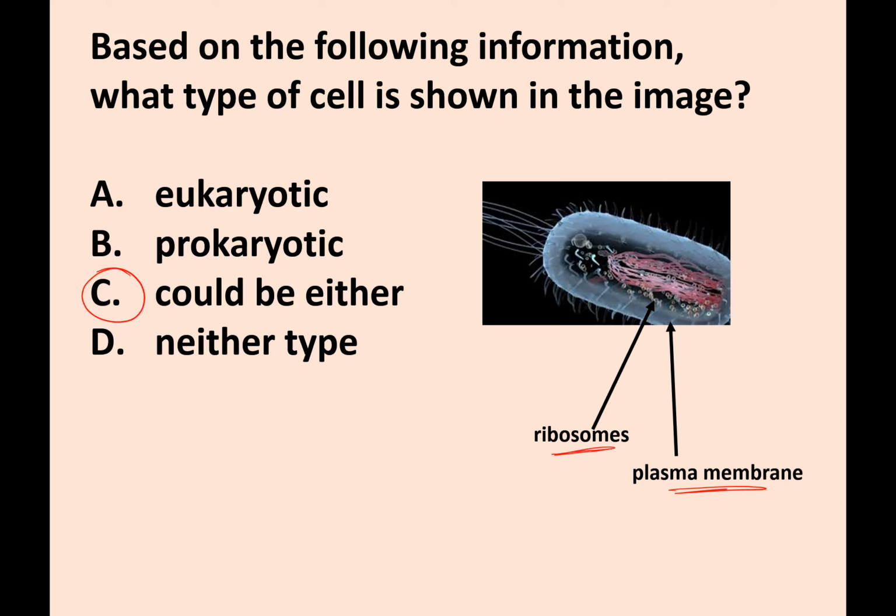It has ribosomes, it has a plasma membrane. Both eukaryotic and prokaryotic cells have ribosomes and plasma membranes. So based on what I've told you, this could be either. This is in fact a prokaryotic cell. There's no nucleus, but you don't know that. So when you're answering questions, you have to answer based on the information I've given you.